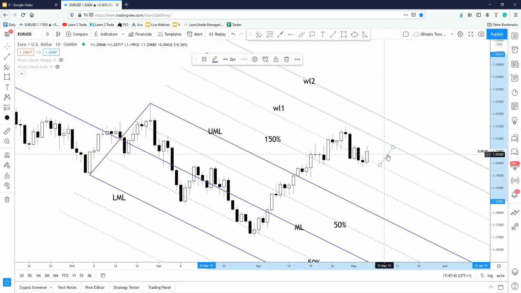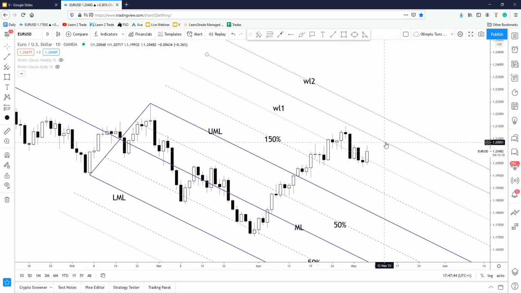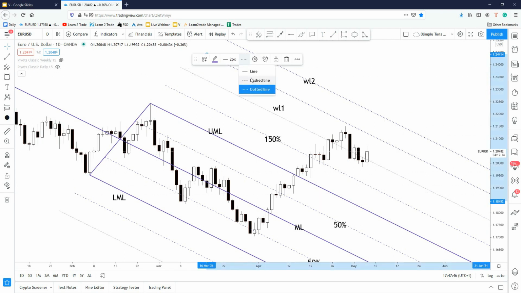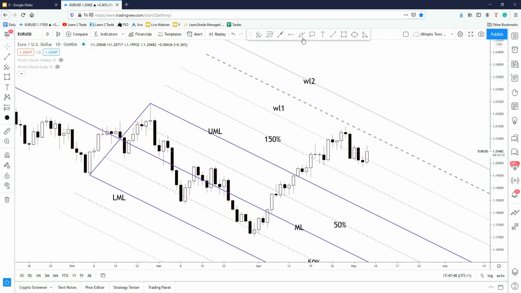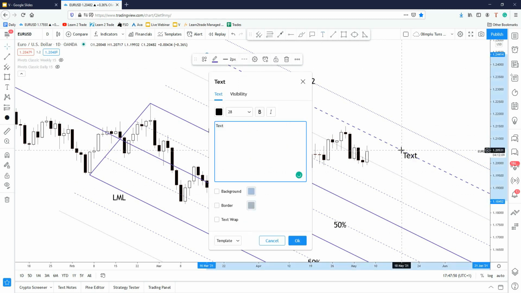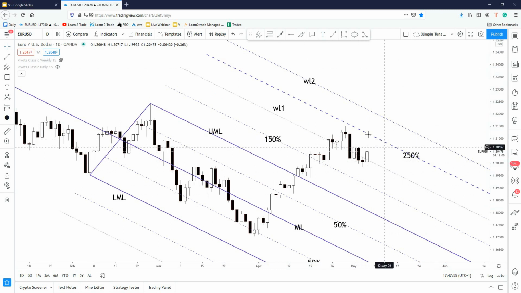So here we'll have the 250% Fibonacci line, which could be used also as a potential target, as a potential resistance.